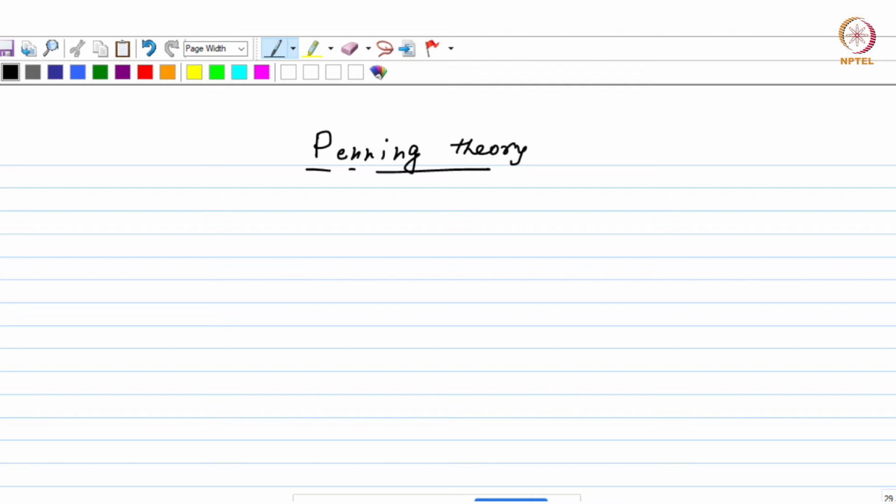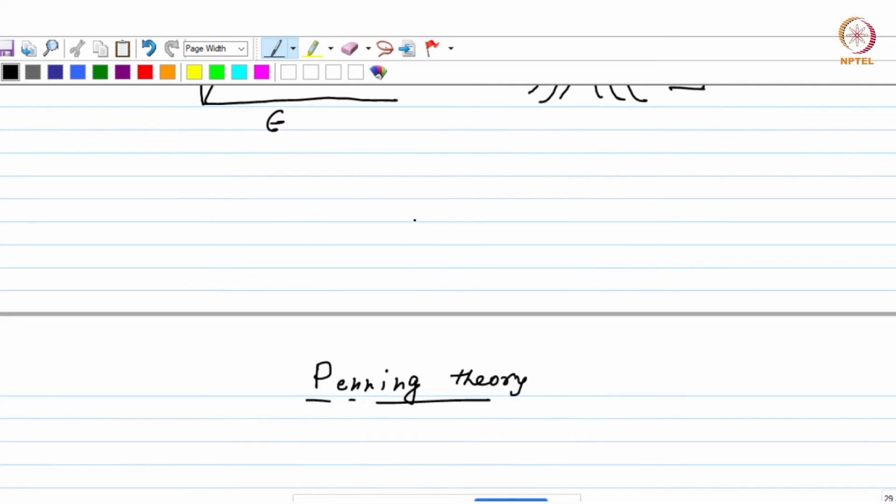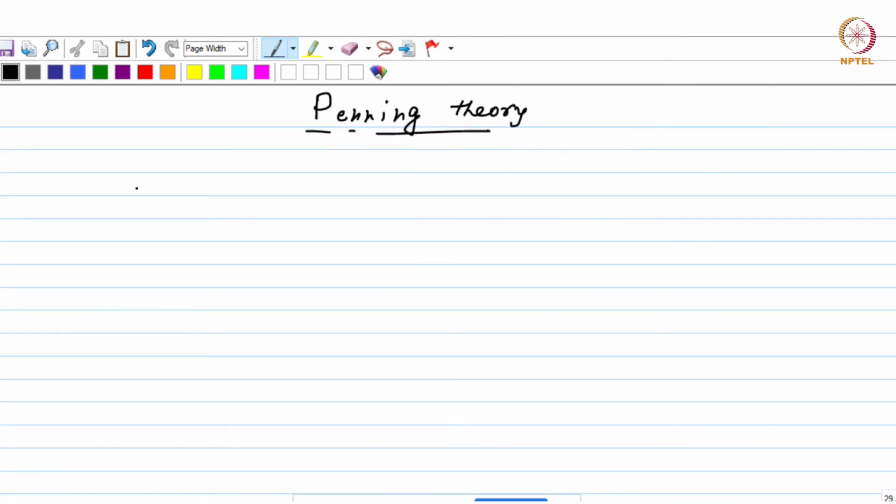So what he said, stress strain diagram we have already seen as to how this is going to affect as you increase the strain rate, right? So if it is within that particular strain rate range in which DSA can occur, it will simply decrease the flow stress, okay? So he said this can be also illustrated with a diagram between the stress and the strain rate, because that is what we are talking about here, the relationship between the flow stress and the strain rate.